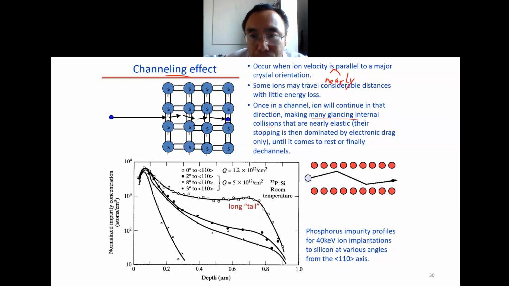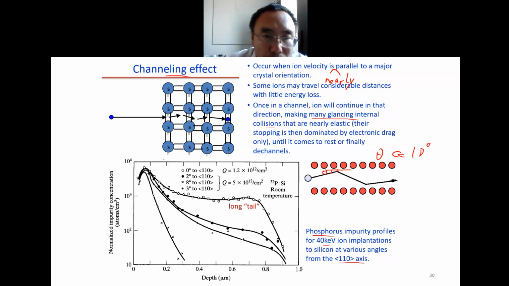Glancing means that the angle theta here is very small, very much smaller than, say, 10 degrees. This is a glancing angle collision. You can see here the phosphorus impurity profiles for 40 keV ion implantation into silicon at various angles from the 110 axis.